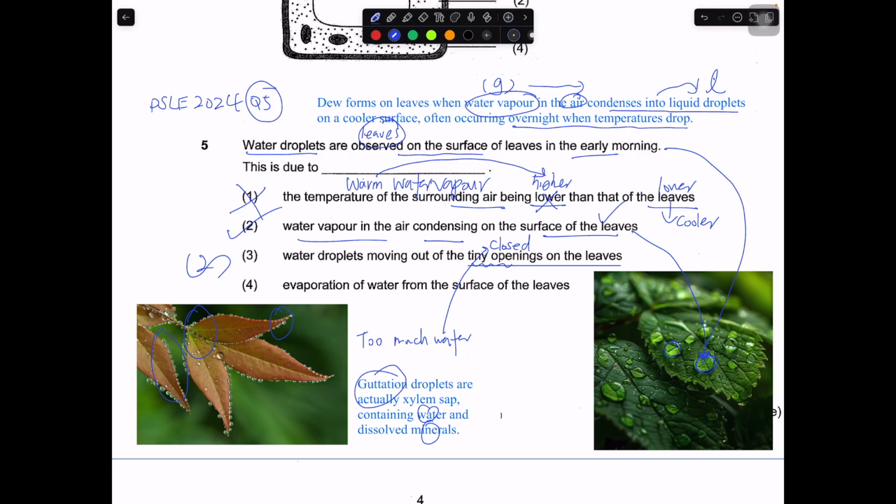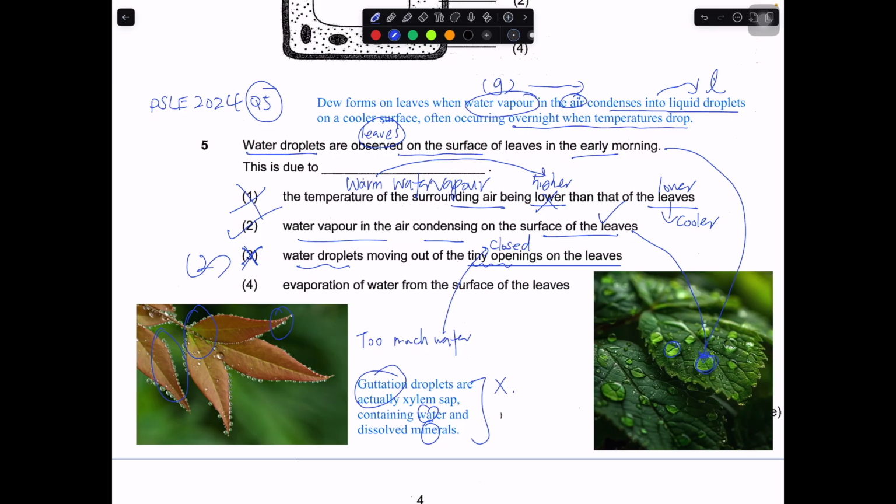This is not in your syllabus, you don't really need to know this process. So number 3 is wrong, because this is actually water and mineral salts moving out, a mixture. It doesn't move out from the tiny openings, it moves out from the edge of the leaf.